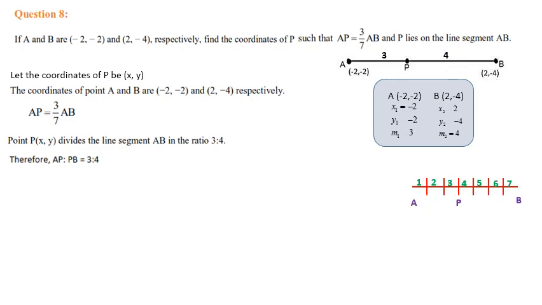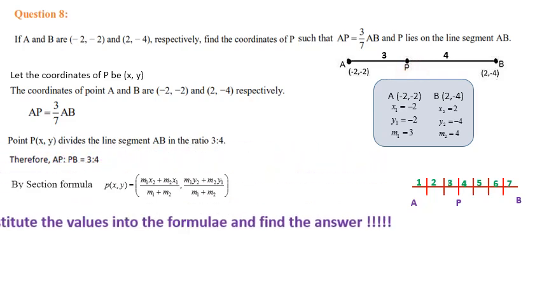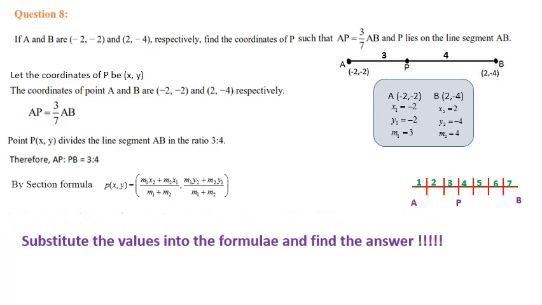Here it is marked, m2 is 4. Now by using the section formula, P(x, y) is equal to ((m1 x2 plus m2 x1)/(m1 plus m2), (m1 y2 plus m2 y1)/(m1 plus m2)), we can calculate the coordinates of this point P. It is a direct question. Just substitute and complete it as homework.